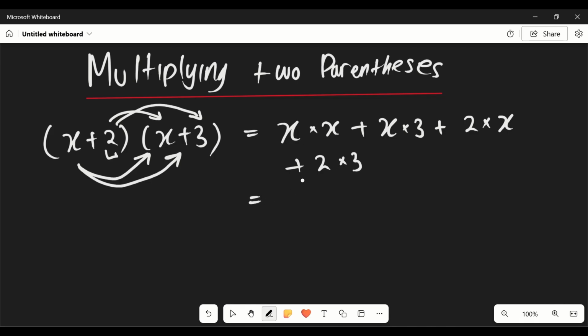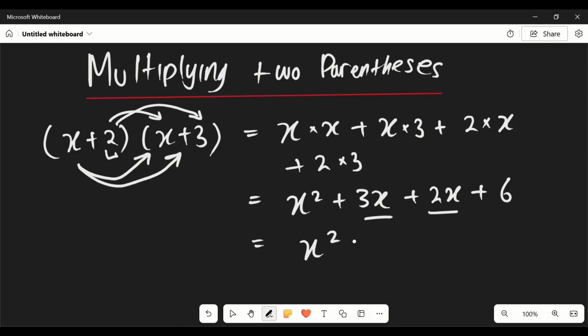Then we have x times x equals x squared plus x times 3 just 3x plus 2 times x equals 2x plus 2 times 3 equals 6. Then we can simplify this. This is the same, so we can combine that term. We get 5x. And here's the answer.